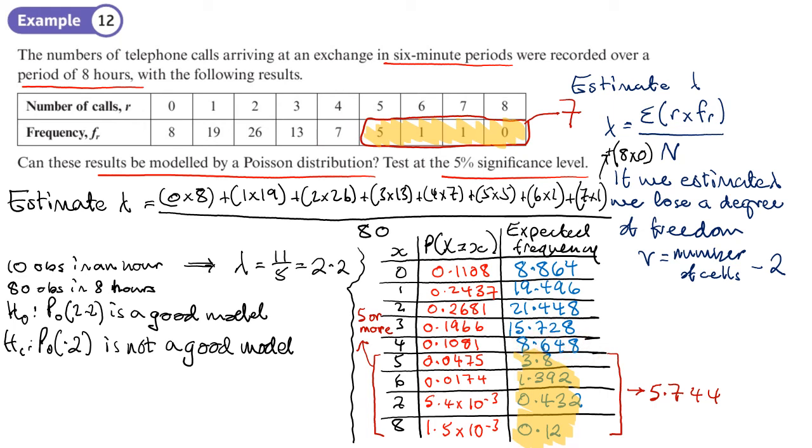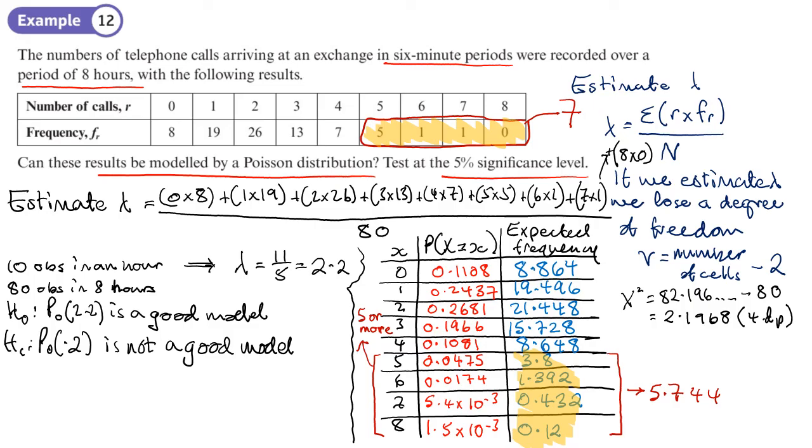Okay, when we find the sum of those, what we get is 82.196. Then I need to take away n, the number of observations, 80, so I'll get a value of x squared of 2.196, if that's to 4 dp.